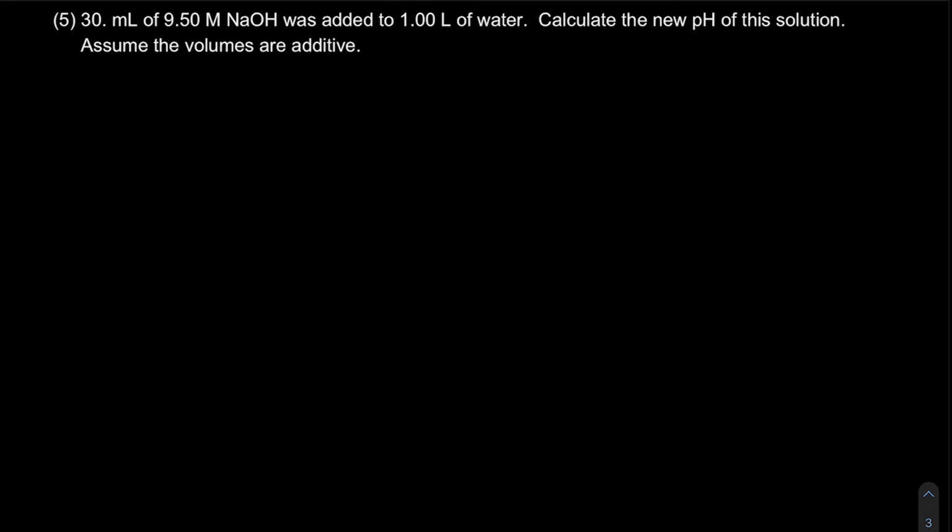So if we think of, we add 30 milliliters of 9.5 molar sodium hydroxide to 1 liter of water, can we calculate the new pH of this solution? So why don't you go ahead, pause the video, and answer what you would say would be the new pH that we would get, and then we'll come back and you can see how I work through it.